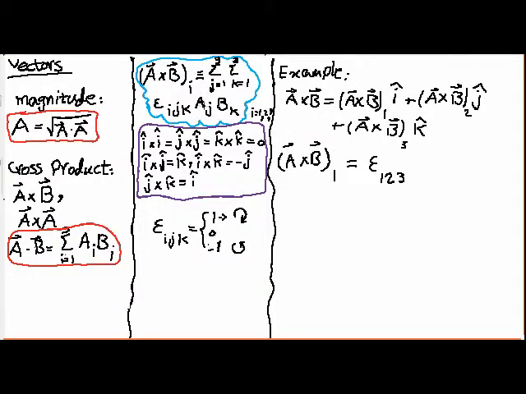So now see, j is 2, therefore A2, and k is 3, so B3, plus, and the first index is always 1.